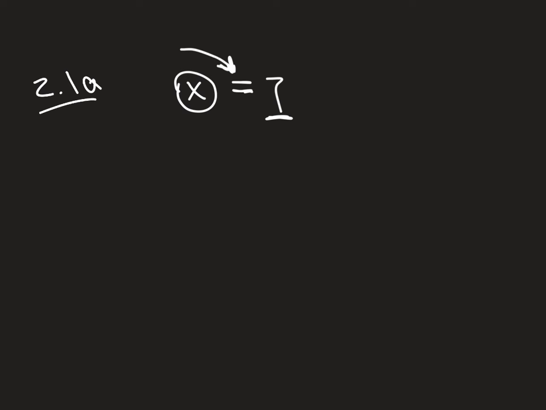An equivalent equation is when we have two or more equations with the same solution. So for example, 2x minus 5 equals 9, x minus 1 equals 6, and x equals 7.